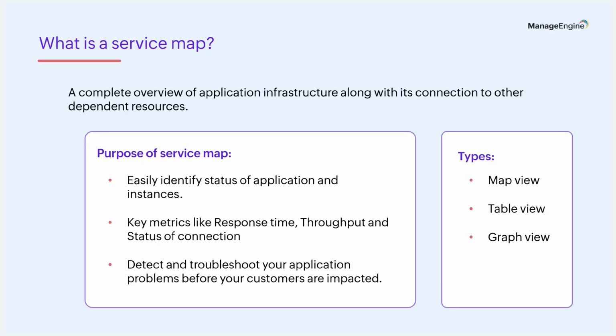Its main purpose is to identify the status of the application and its related instances. Along with that, it will monitor key metrics like response time, throughput, and the status of the connection, and detect and troubleshoot any application problems before customers are impacted. Also, we can use service maps to identify the number of failed requests.